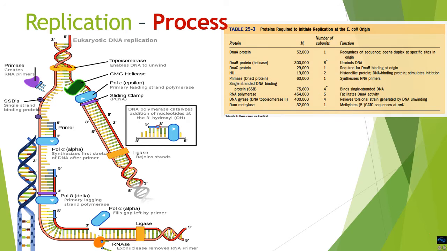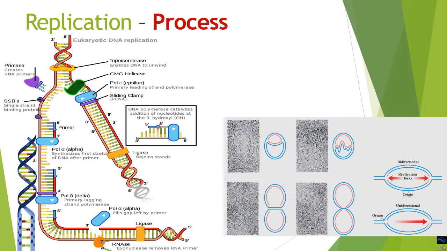Those are called origins of replication. In E. coli, the replication takes place in a manner as seen in the figure, at a single site which is called oriC, origin of replication, and it moves bidirectionally, one side here, one side there, so that it feels like a peeling of the daughter DNA from the parental DNA.